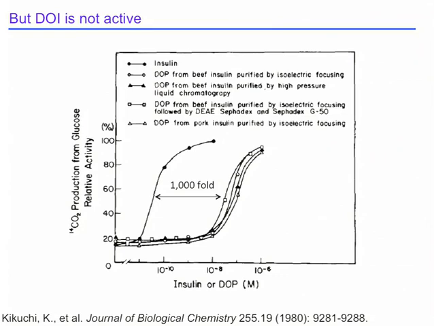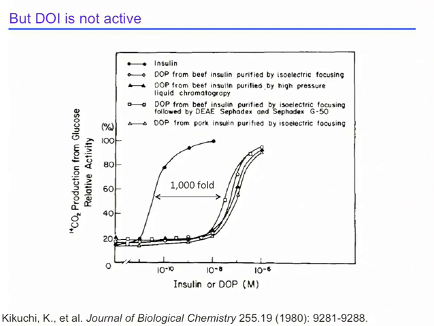In the old days, like those papers from the 60s and 70s, which is more than 30 years ago, sometimes they saw 10%, 15% of activity relative to human insulin, sometimes 100-fold lower, but I think this is the first paper that definitively showed that it is at least 1,000-fold weaker in human insulin receptor binding and activity.